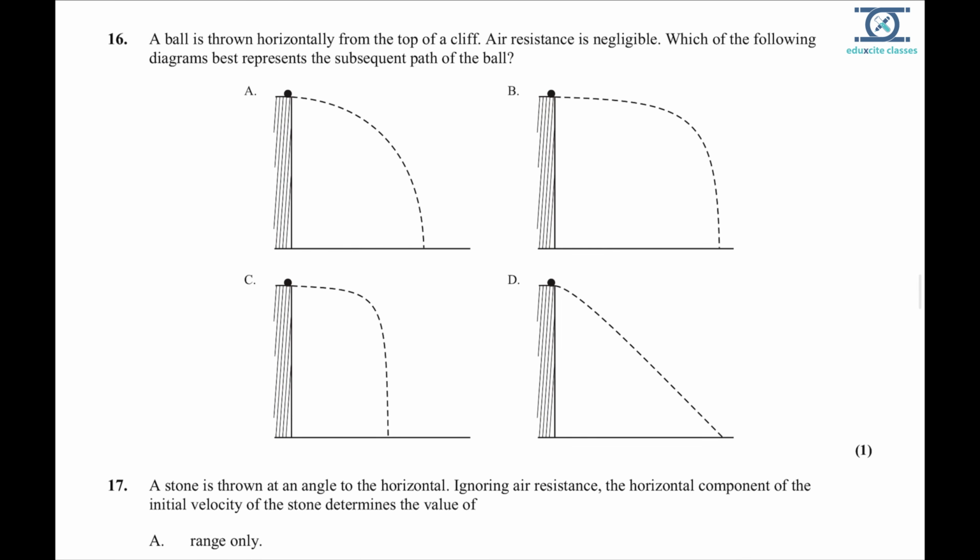Question number 16, the ball is thrown horizontally from the top of a cliff. Air resistance is negligible. Which of the following diagrams best represents the subsequent path of the ball? Now if you see, it will move like this, it can't move like this, so option A is the right answer. It's horizontal, so the weight will act in the downward direction and it will move like this.